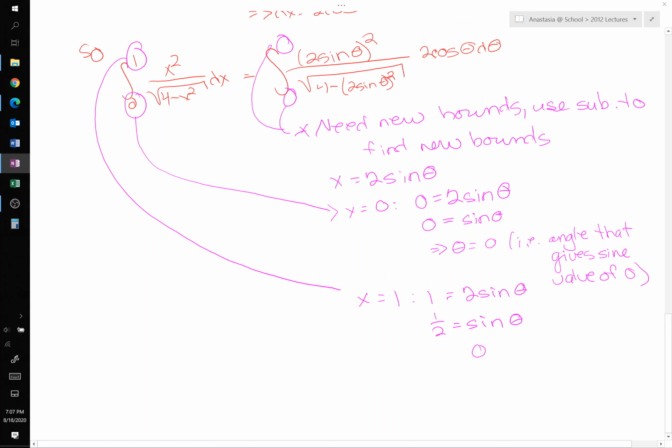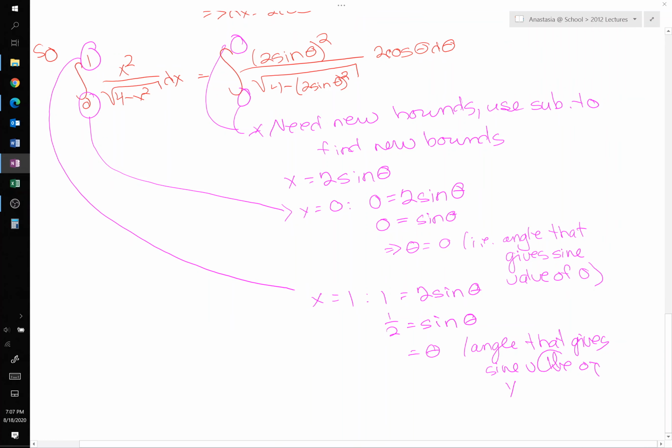So now we need the angle that gives a sine value of 1/2. Sine has a value of 1/2 at pi over 6. So that is what theta is equal to.